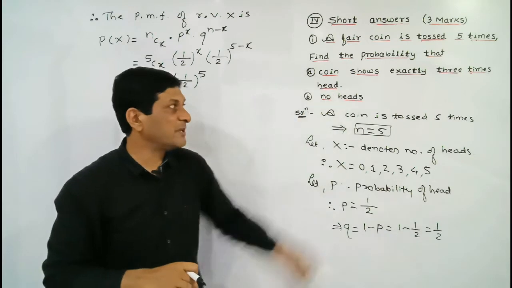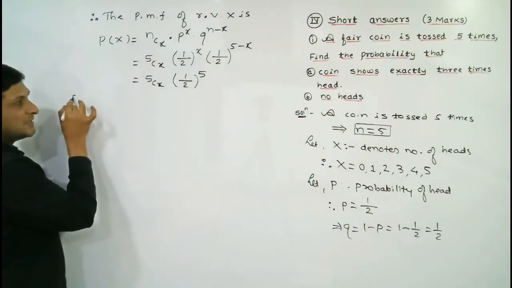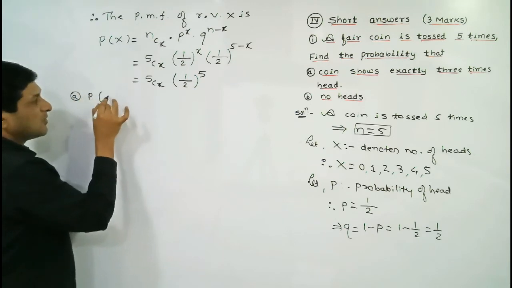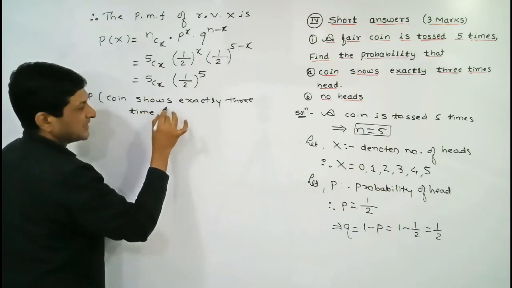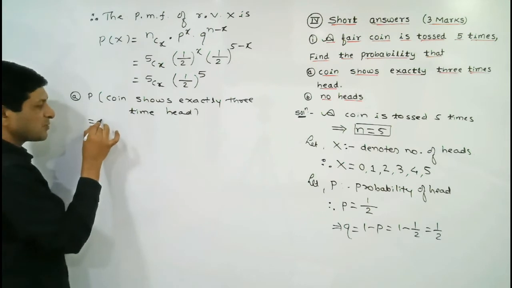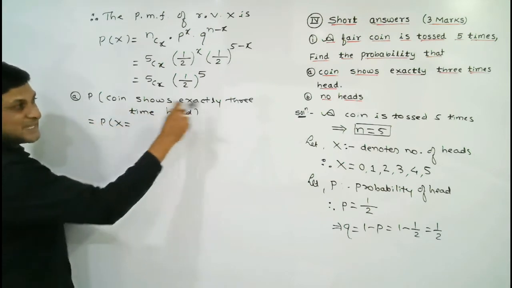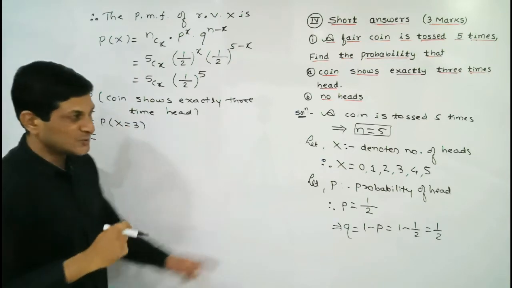Find the probability that a coin shows exactly 3 times heads. In the first part we are finding the probability that the coin shows exactly 3 times head, which will be our required probability, meaning p of x will be equal to, here exactly 3 times heads means x is equal to 3, because x shows the number of heads.